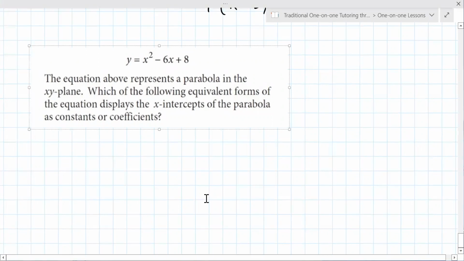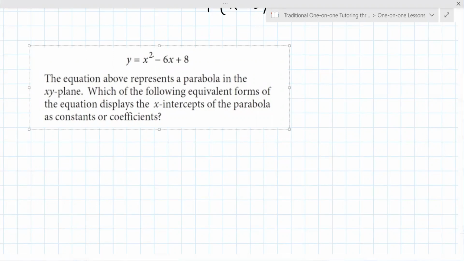There's no GCF. I could put a GCF in here, but I'm not going to. x squared minus 6 plus 8 makes -6. 8. 4 times 2. -4 minus.